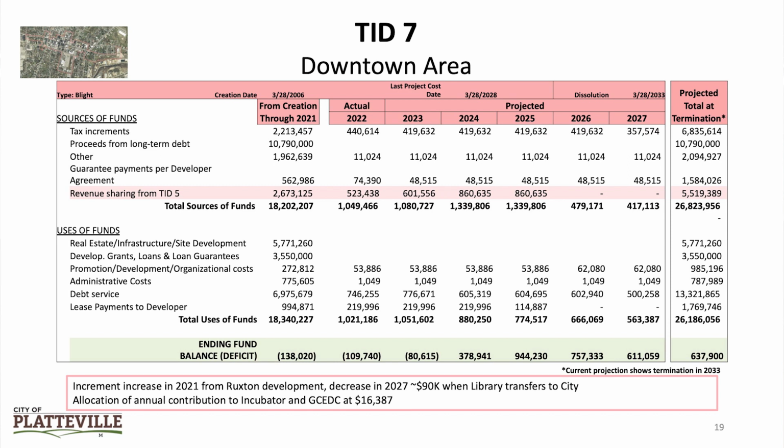The end of life would be 2033. And that's the number at the last column, showing a positive fund balance of $637,900, which would be shared out between the various jurisdictions.